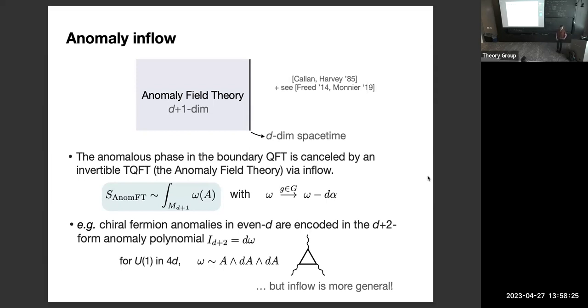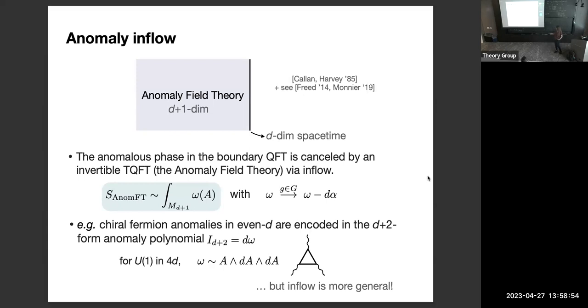And so, depending on your bias, this might be familiar from different things. One thing that might be familiar is the story of the anomaly polynomial for local anomalies associated to the chiral action of my global symmetry in even space-time dimensions. So chiral fermion anomalies are well known to be encoded in a d+2 form characteristic class known as the anomaly polynomial.